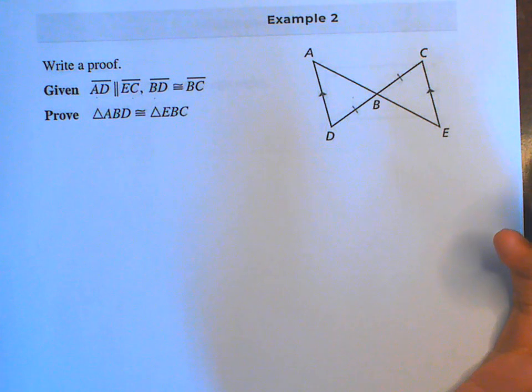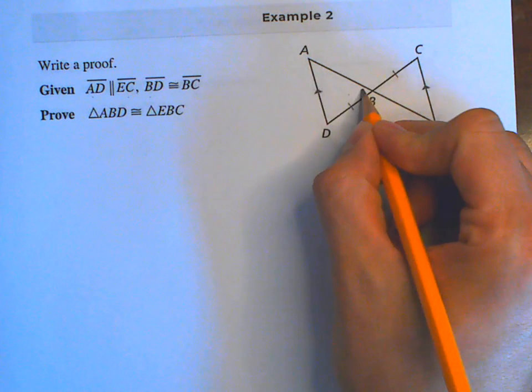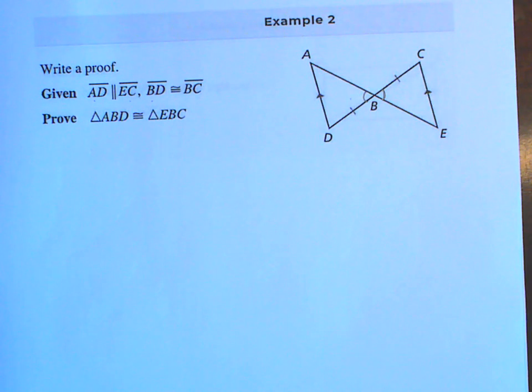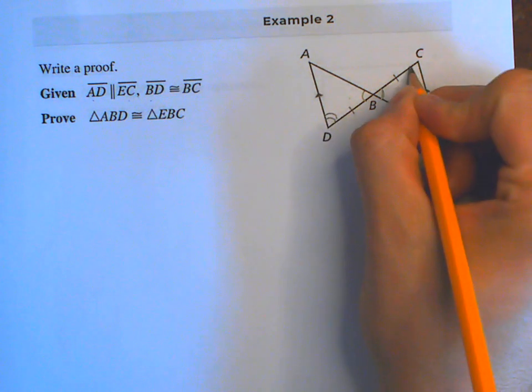Okay, so what I'm going to do is use vertical angles. Now, this angle here is going to be congruent to that angle right there by vertical angles. I deduced that. So just with this, I only have a pair of angles and a pair of sides. So I need another pair of angles. And there's more than one way of doing this. So I am going to pick this angle here to be congruent to this angle here.